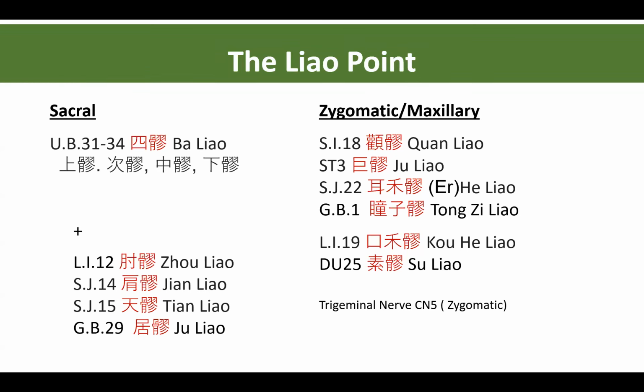Now, small intestine 18, and I'll take them all as an area. Small intestine 18 is in the center of the cheekbone. According to what I understand, it's supposed to be the meeting of the leg yang sinew channels, so it's supposed to have an effect on the leg sinew channels, muscle channels, that create our posture.